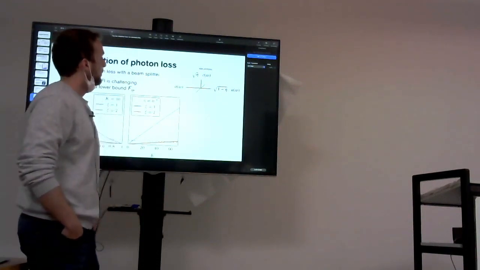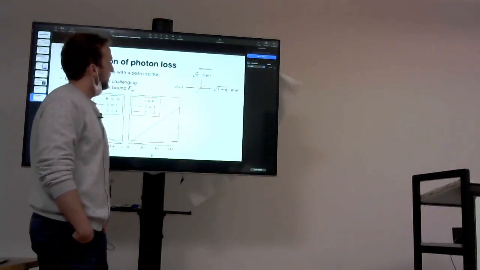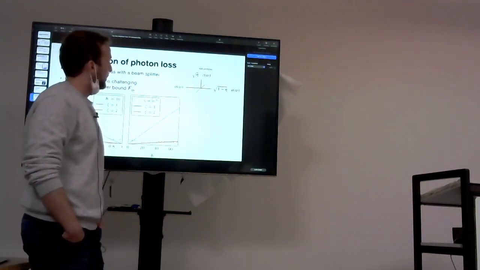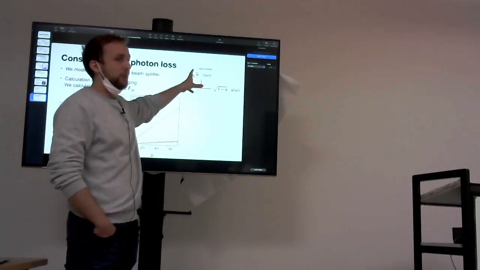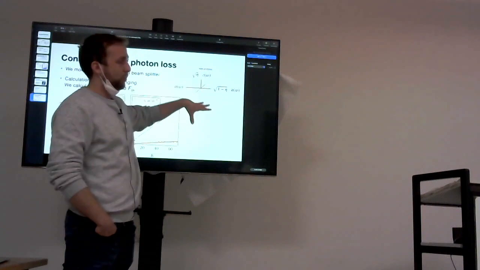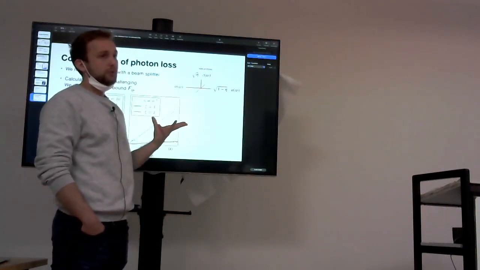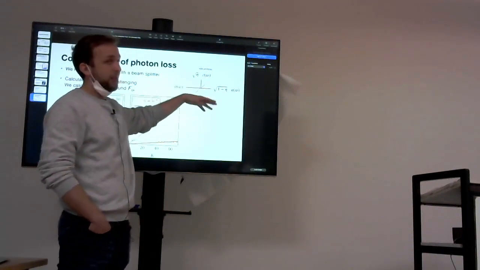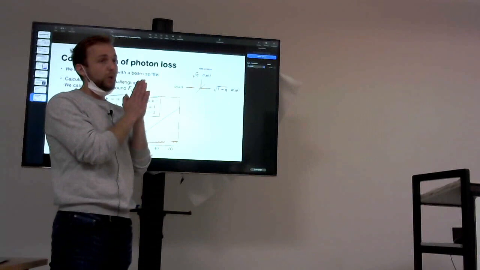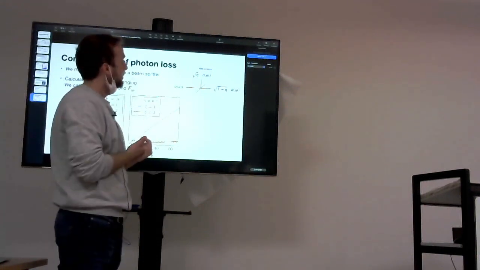It's a beam splitter where you regulate how much passes through, right? Yeah, no, it's not a 50-50. We can freely choose this parameter. This is how we model the photon loss. It's not that we have in the experiment a beam splitter somewhere. We just model the loss as a beam splitter.